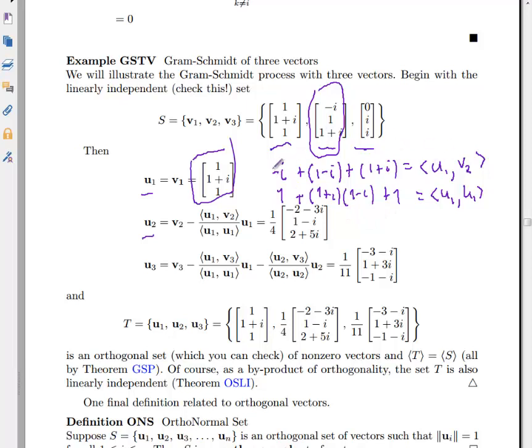If I take u1, v2 and add all these together, the real part is going to be 2. And then the imaginary part is minus i plus i, so that's 2 minus i.